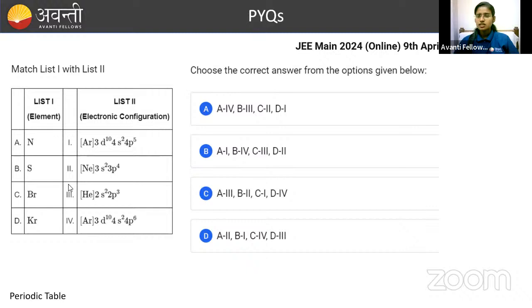Nobody has got the answer till now. Can anyone tell me the atomic number of nitrogen?